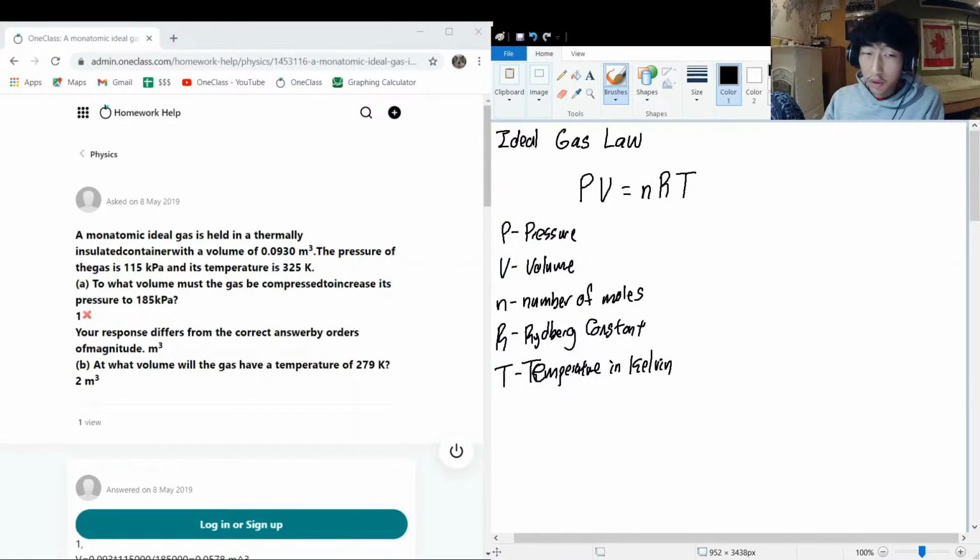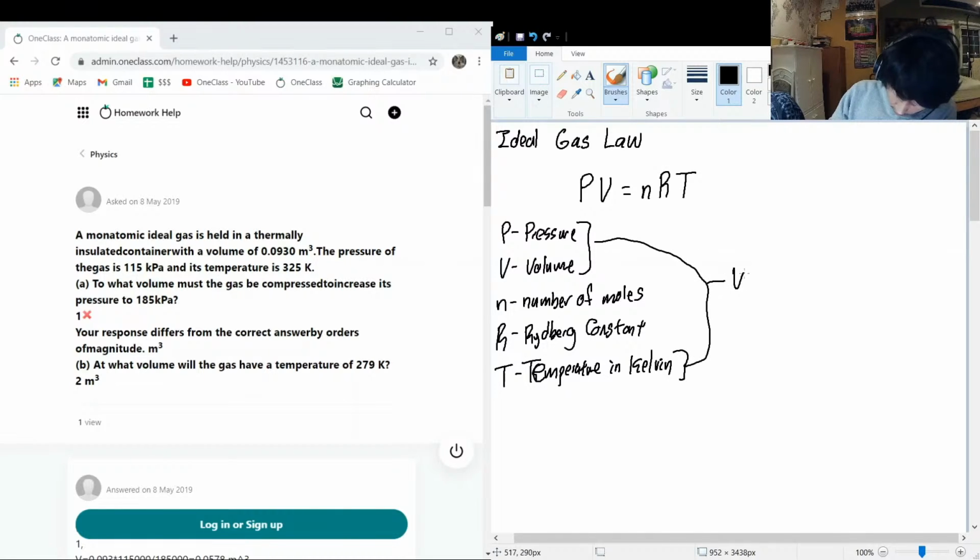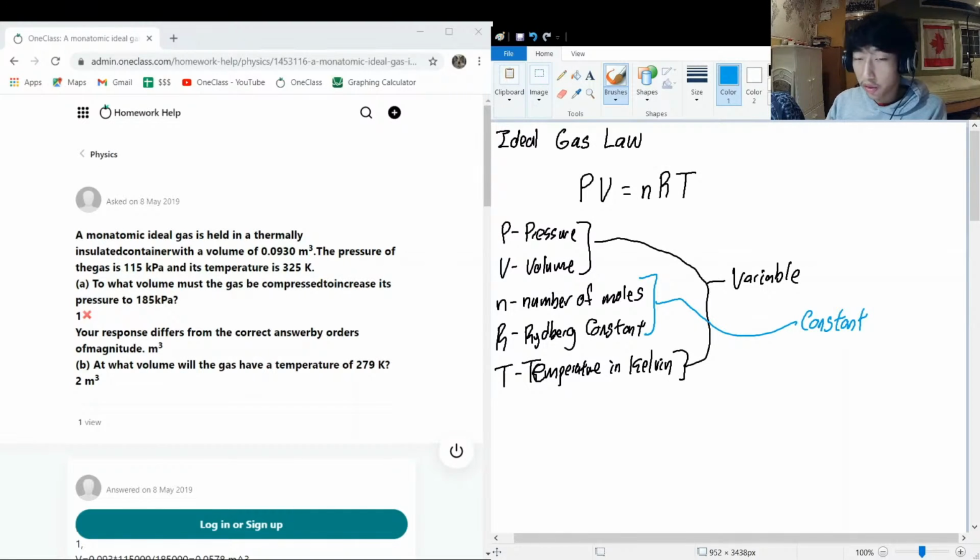Okay, so what we know is that our P, our V, and our T are going to be variable. And let's do a different color like blue. And these are going to be constants. And how do we know that they're constant? Well, the gas constant has to be a constant. But for the number of moles, it's in a thermally isolated container.